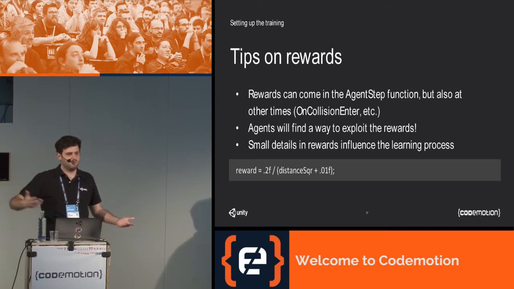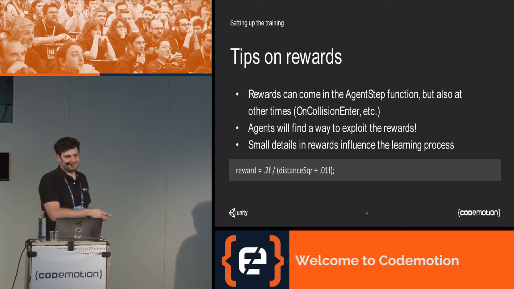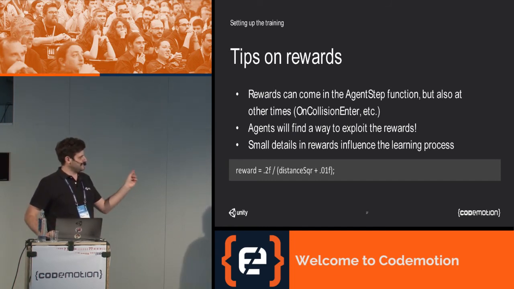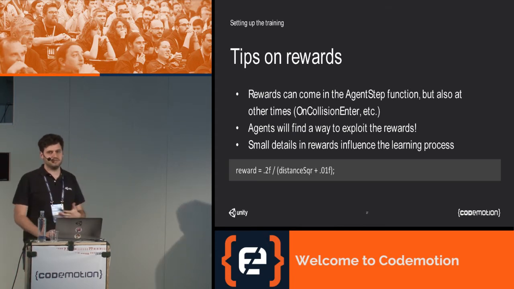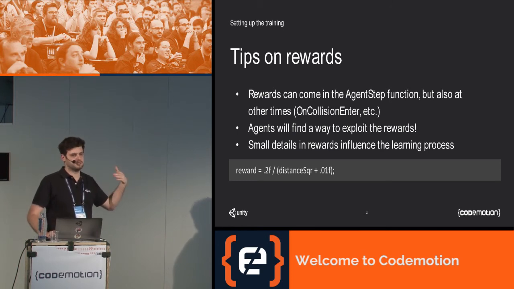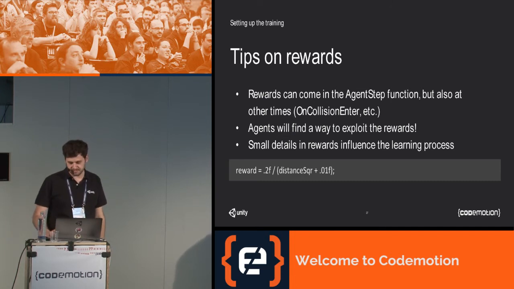He was like, why would I even move for a 0.00001? I don't care. So he was just staying there, living his whole life. Very little details can hugely influence the way the agents behave. So in this case, this distance square doesn't work. You have to come up with some linear function that is connected to the distance.